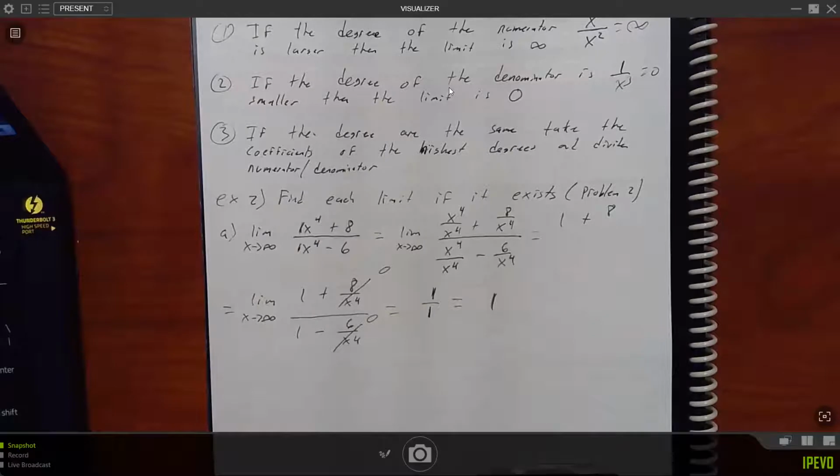So section 4.5. I'm pretty sure it's time to use L'Hopital, but I want to make sure first.